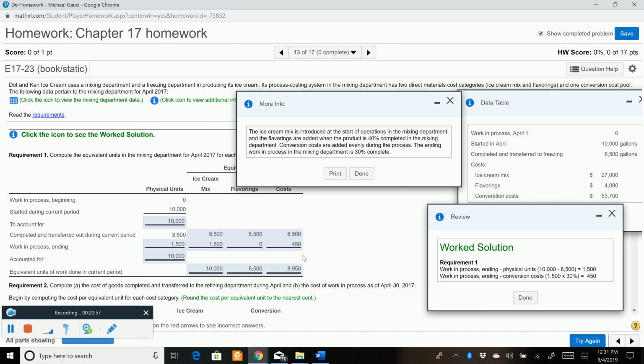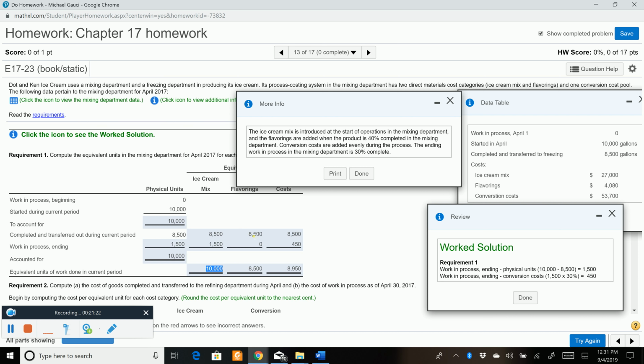And our conversion costs, we said, were added evenly. So if we are 30% done, we will take our 1,500 physical units, multiply it by 30%, and that will give us our conversion cost equivalent unit. So if we add up our equivalent units for ice cream mix, it's the 8,500 plus the 1,500, or 10,000.